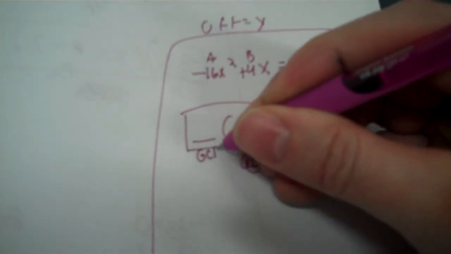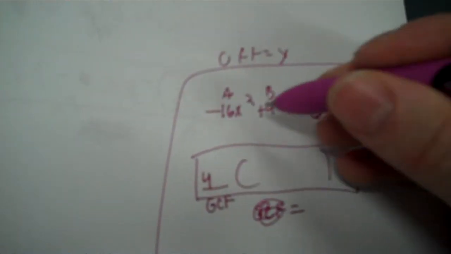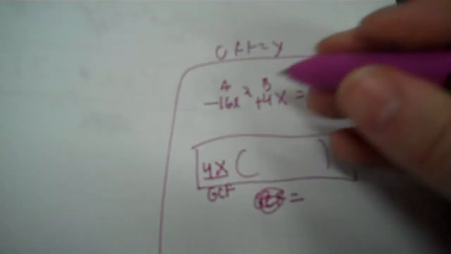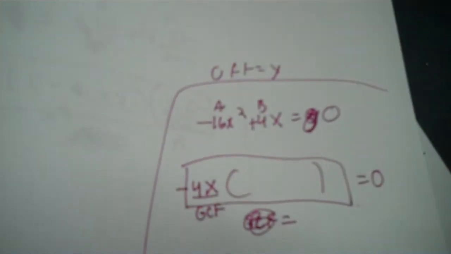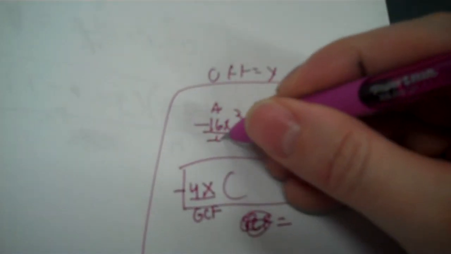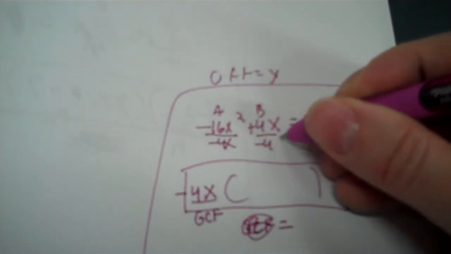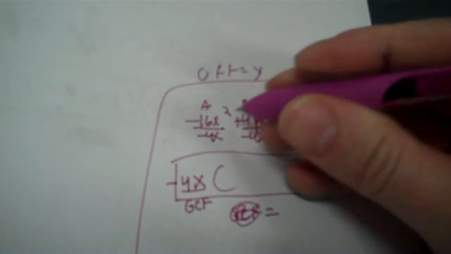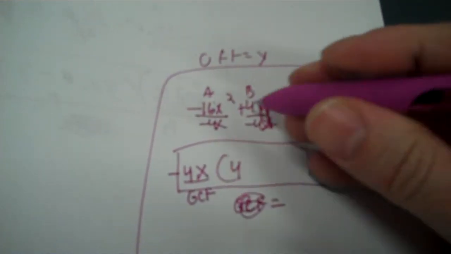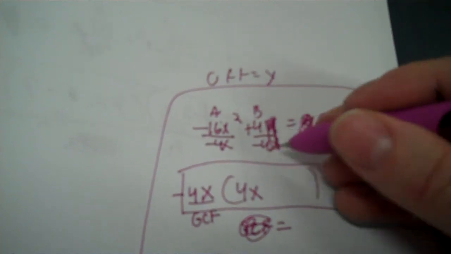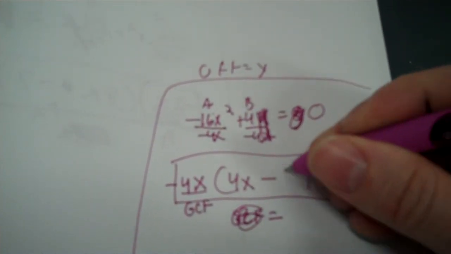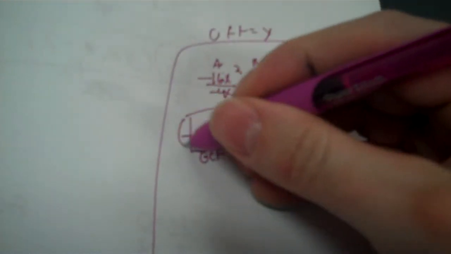It goes right here, okay? 16 and 4, so here's 4 and there's 16, so 4 is the GCF with x, and again we have a negative at the beginning of the sentence, so I do negative 4x. Now I divide both of them by negative 4x, so that's 4 with x. 4 divided by negative 4 is negative 1, so write minus 1 please.